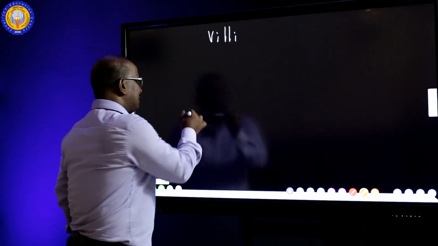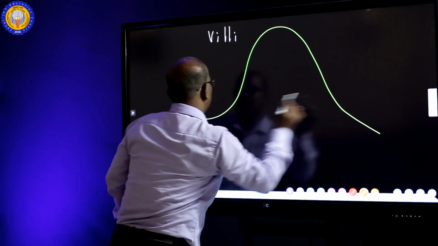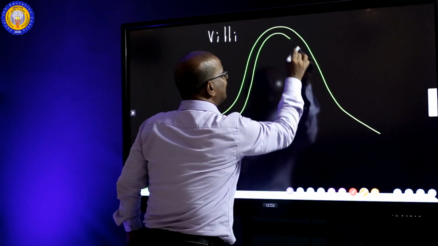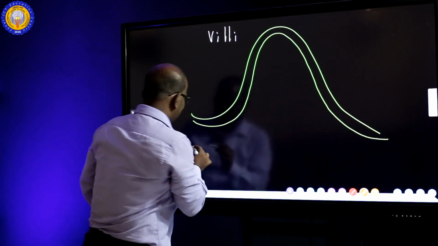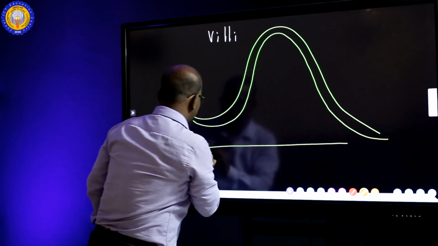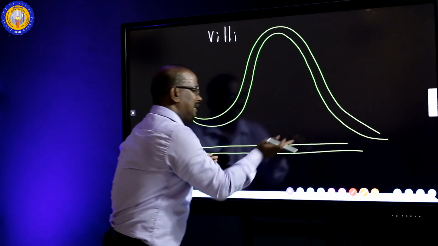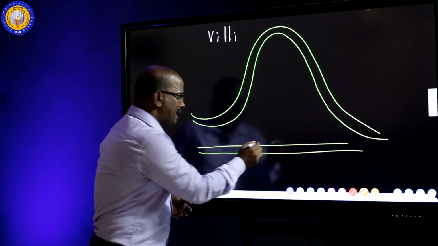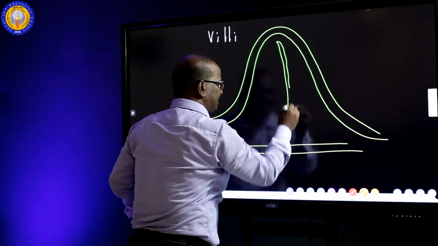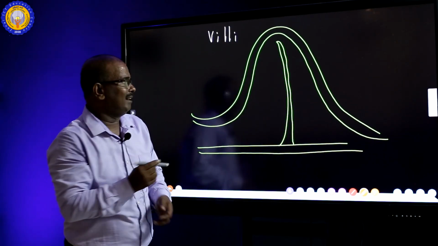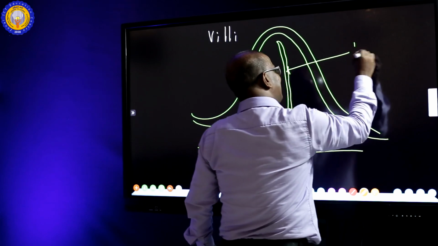When considering the villi, this is the epidermal part. Then this is the lymphatic duct. From the lymphatic duct there is a lacteal. This is the lacteal.